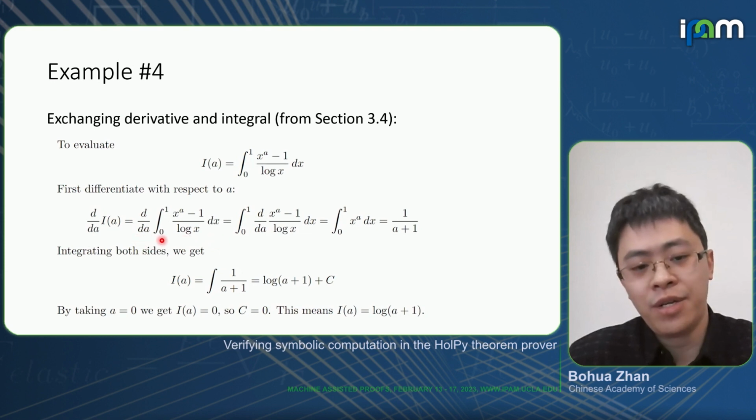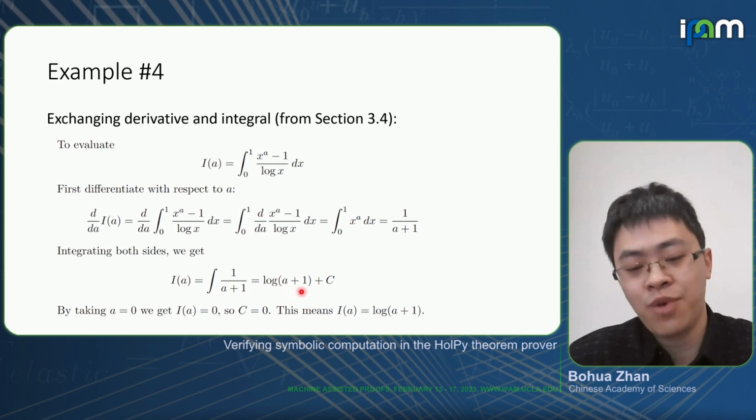Here, there are some set conditions that need to be checked for this exchange to be valid, and currently our tool does not support checking these conditions. So this is also something to be added in the future. And after this exchange, we can simplify and evaluate this integral. And then, because we know what the derivative of I is, we can integrate both sides to get that I(a) should be equal to the integral of 1 over a plus 1 plus this constant.